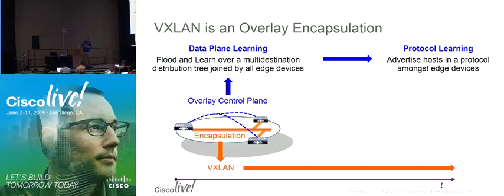That's where we go from data plane learning, the flood and learn approach, which we also have today in classic Ethernet and all the other layer 2 semantics, into protocol learning, where we actually use an overlay control plane to add the end host information. And at that stage, we're talking about things like EVPN, for example, which will also be part of this.